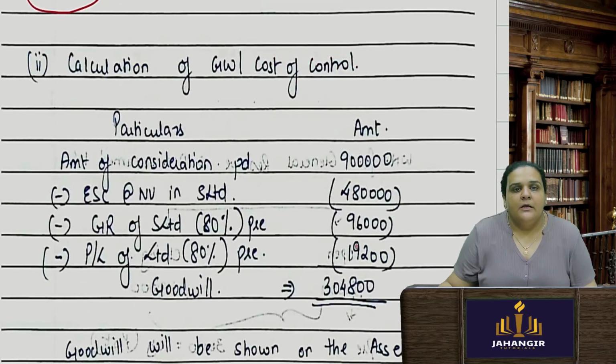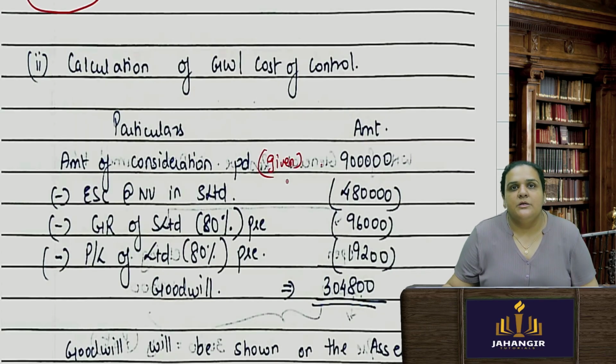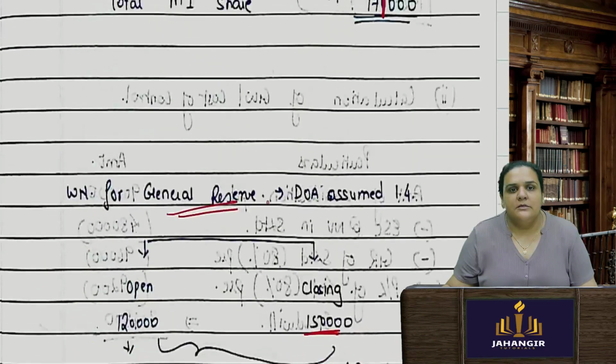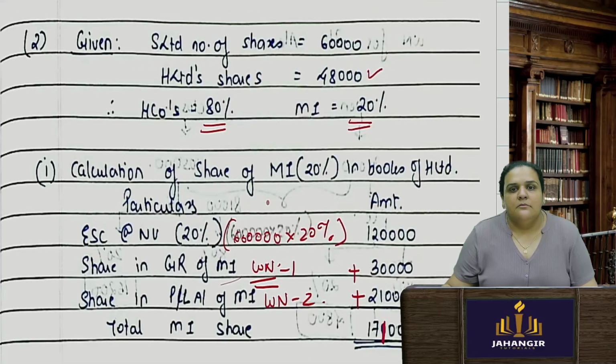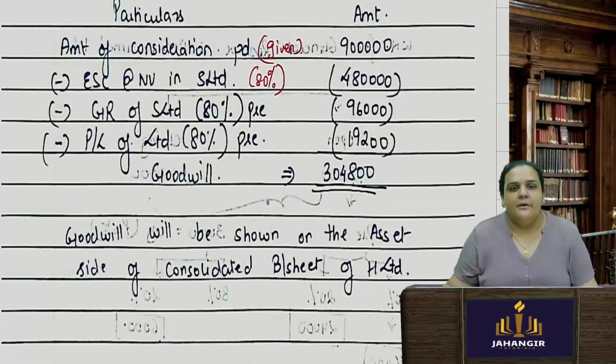Calculation of goodwill or cost of control. Easy. The amount of consideration paid is already given to us, 9 lakhs. We are going to treat the shareholders' items, which we have already done: equity share capital, general reserve, and P&L. We are just supposed to take them from the working note. Equity share capital will be 80% of 6 lakhs. See, 48,000 shares of rupees 10 each at nominal value, so 4,80,000.